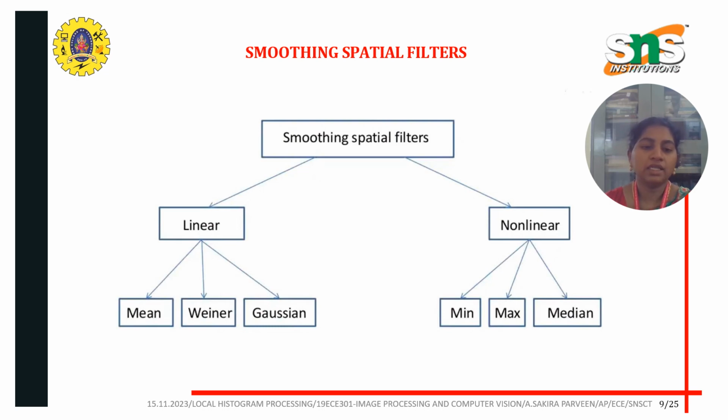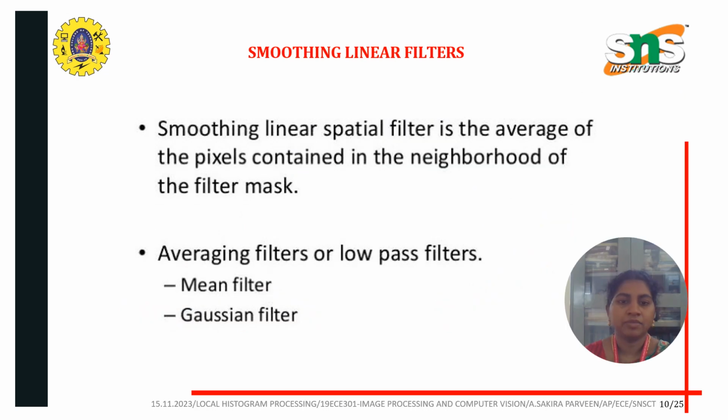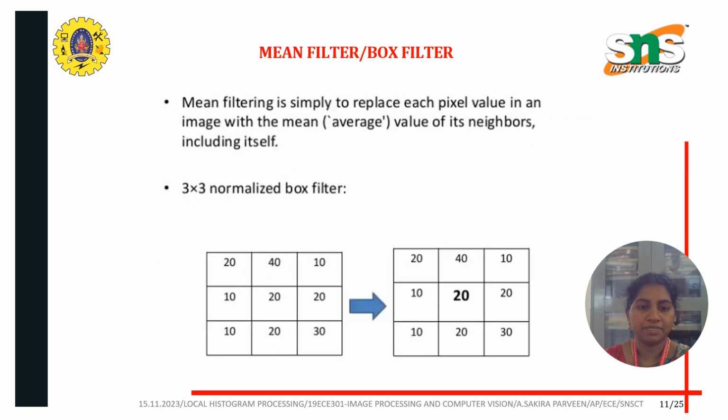In linear there are three types: mean, Wiener and Gaussian. In non-linear there are three types: min, max and median. Smoothing linear filter is the average of the pixels contained in the neighborhood of the filter mask. Averaging filters or low pass filters consist of the mean filter and Gaussian filter.